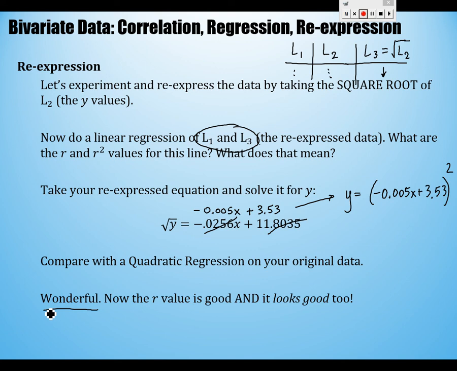Go ahead and find the vertex. Yeah. Algebra 2.